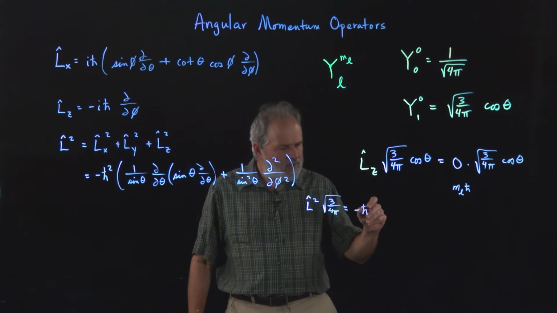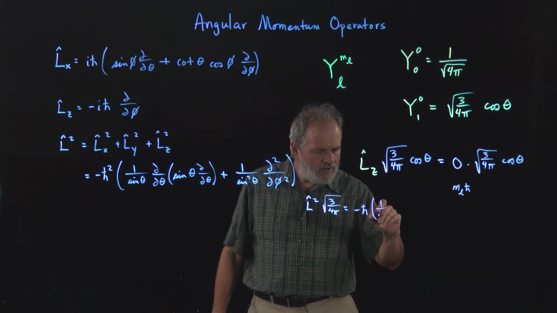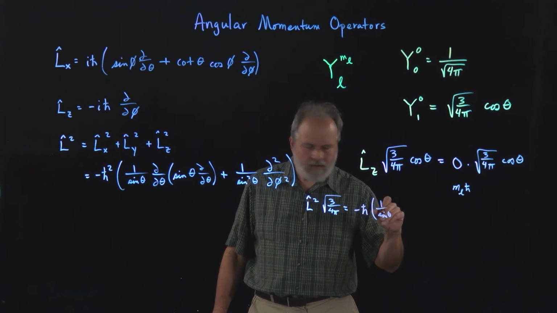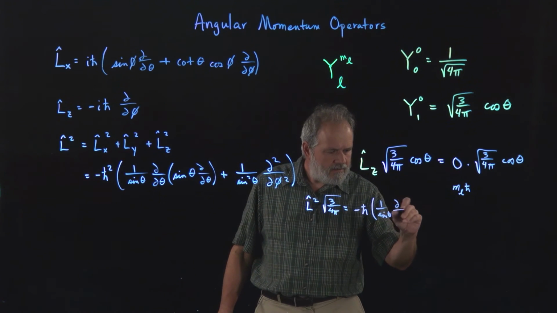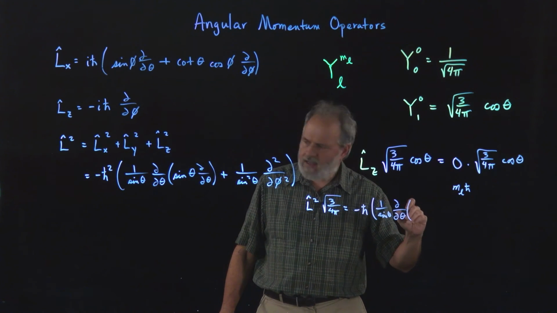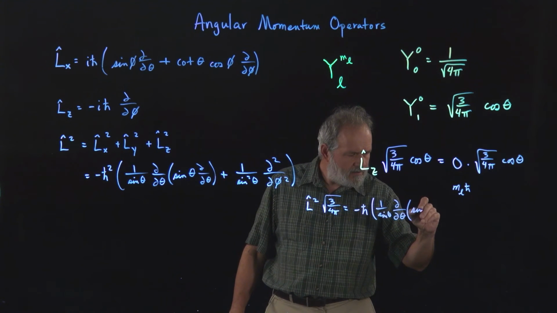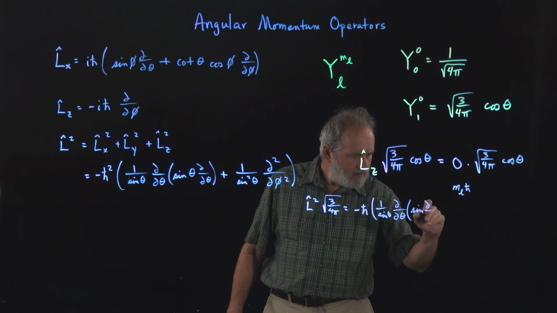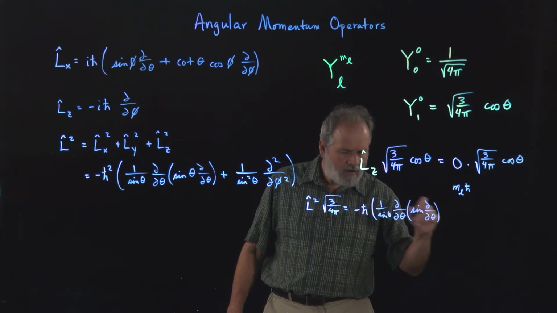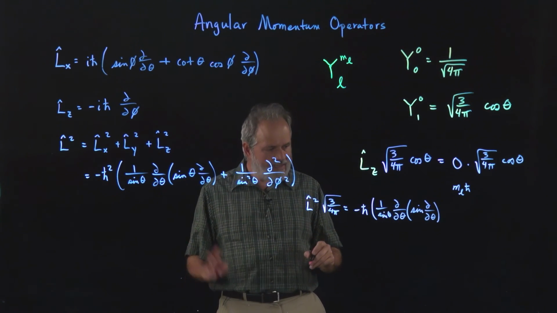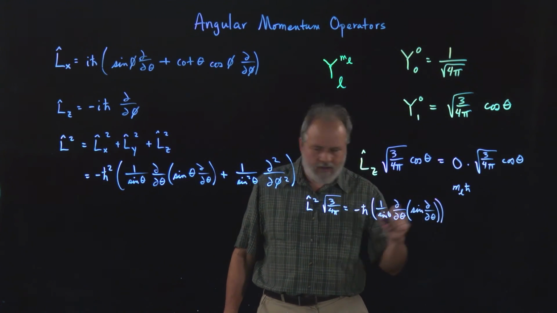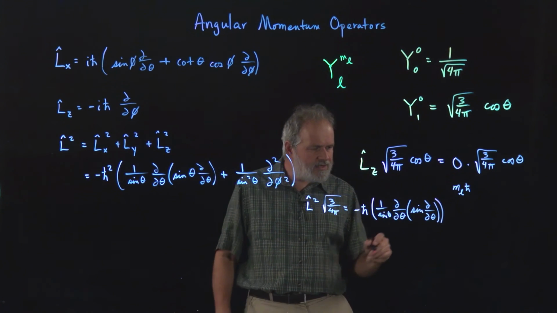So it's minus h bar squared, 1 over sine theta, d d theta, times sine theta d theta. All right, that's the operator, at least the parts that we are concerned with that aren't going to be 0.